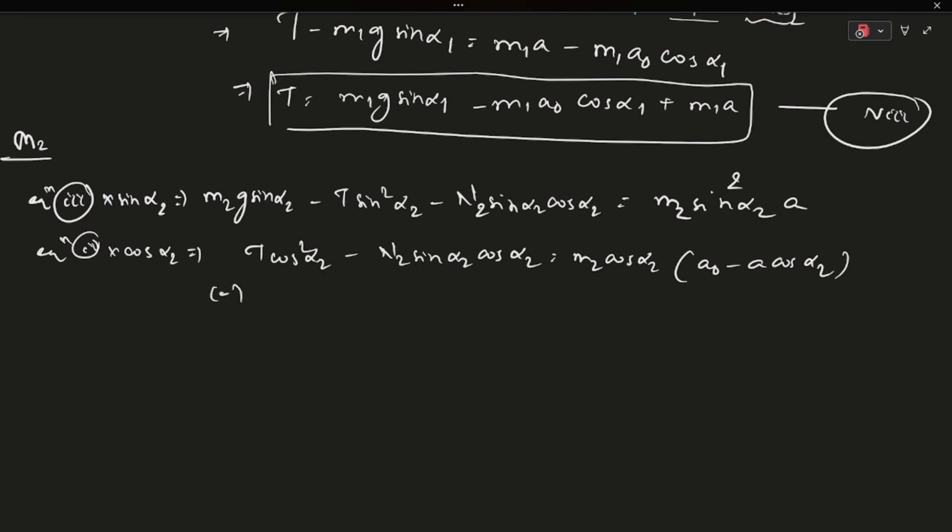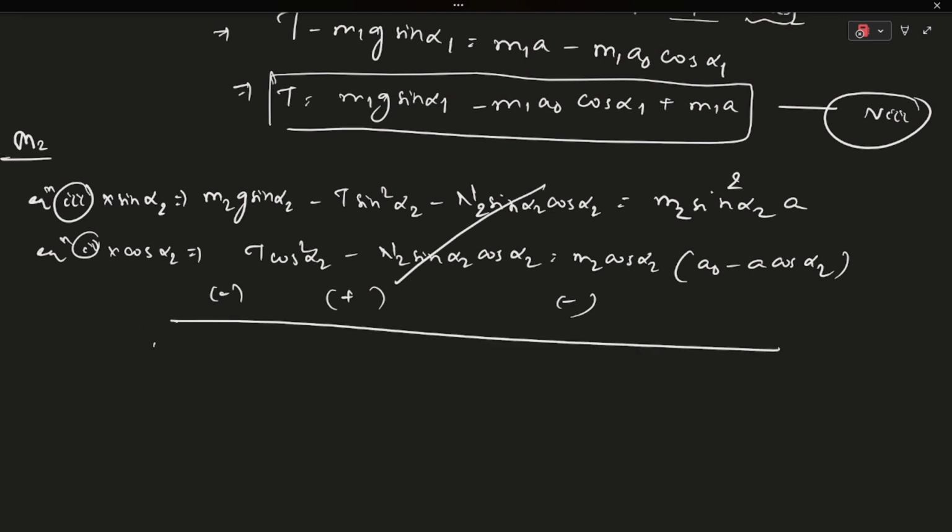Now minus, this will change the sign, this is plus sign, this changes the minus sign. This cancels out. So this is m2g sin alpha 2 minus T sin square alpha 2 plus cos square alpha 2.